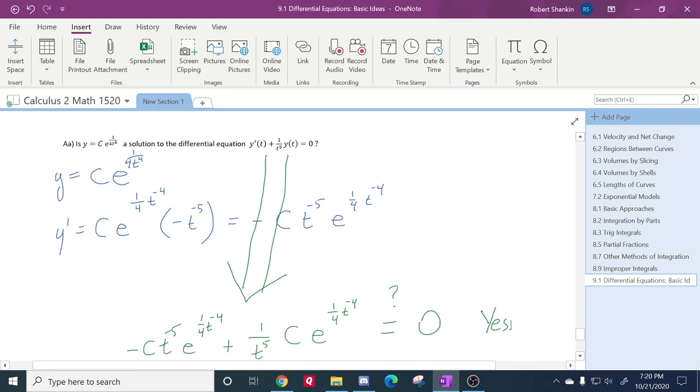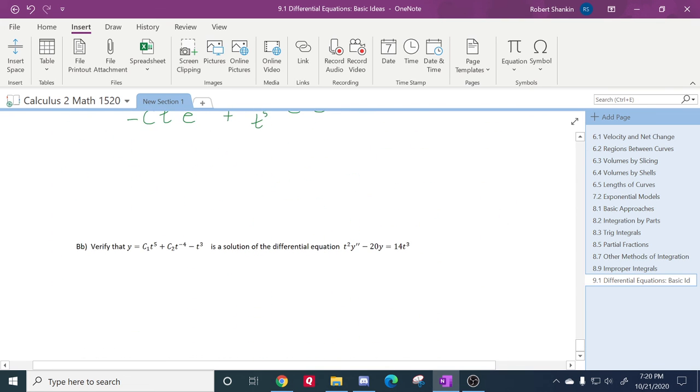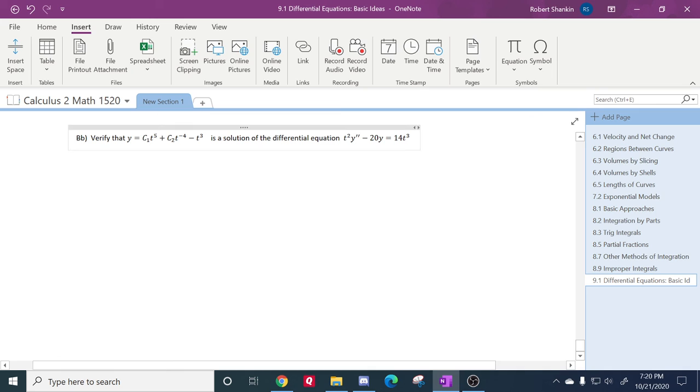All right, so let's just make sure you have it down. Go ahead and verify that this is a solution to that differential equation. I'm going to give you a minute to do that.